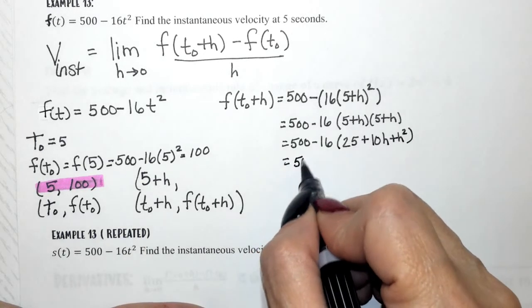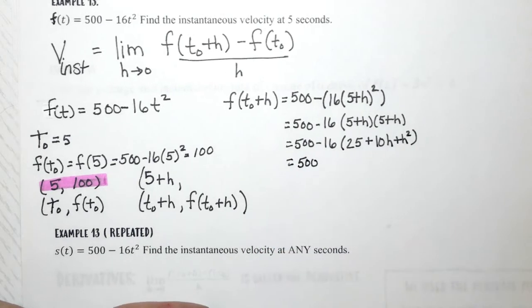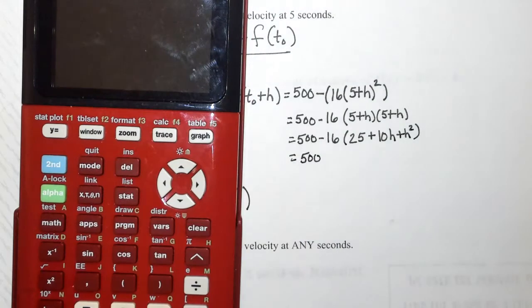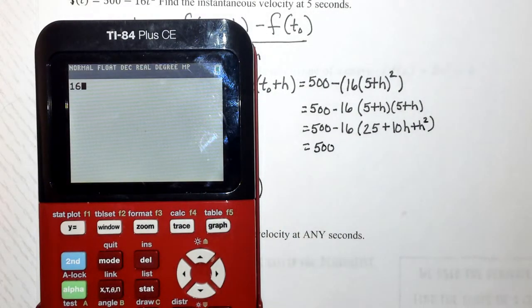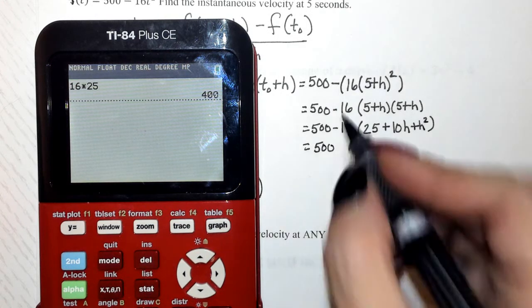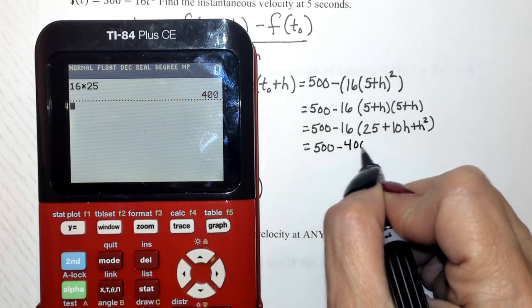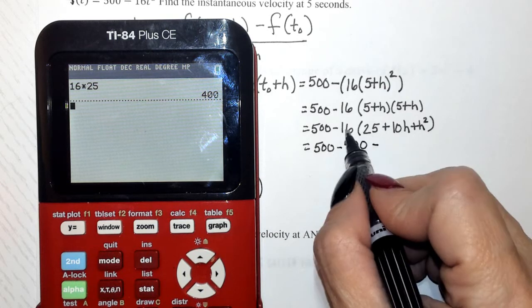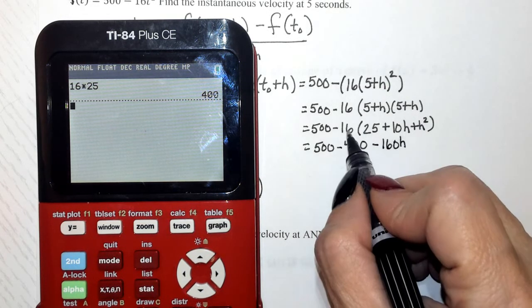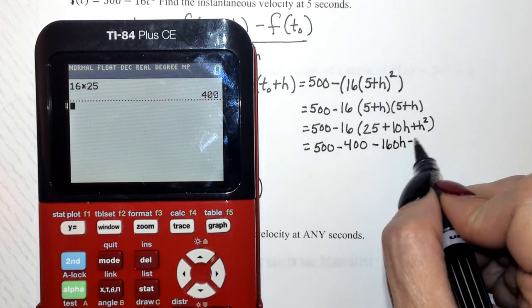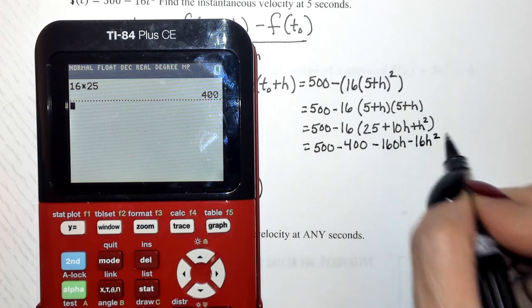So that's 500, and now I need to multiply that. So I'm going to have 16 times 25, minus 400. 16 times 10 will be minus 160h. And then 16 times h squared will be minus 16h squared.